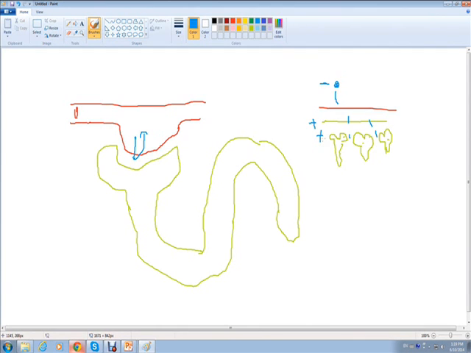If this injury is very minor and we don't have any structural defect to the glomerulus, only an injury that affects the charge, this is called minimal change glomerulopathy.